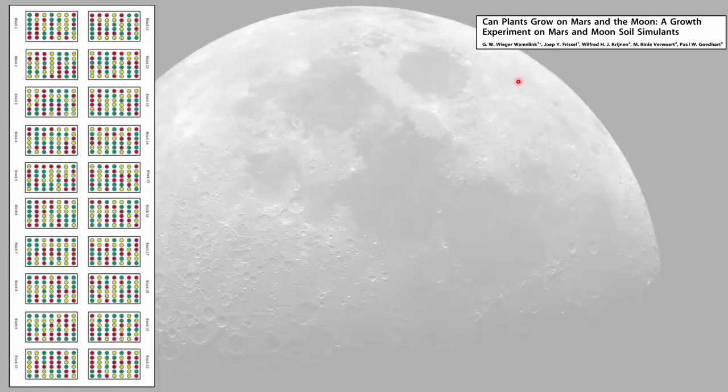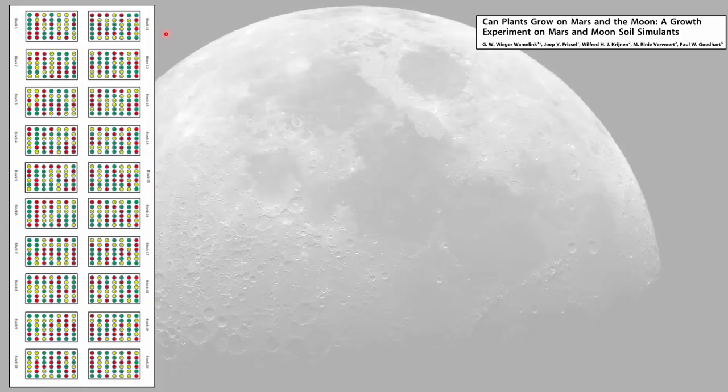And if you look at the left here, this is what I'm talking about. This is 20 blocks, each of the individual pots. The red is Martian, the yellow is lunar, and the green is, I believe, an Earth-like analog. Or it was a deep, low nutrient, like river mud or something.